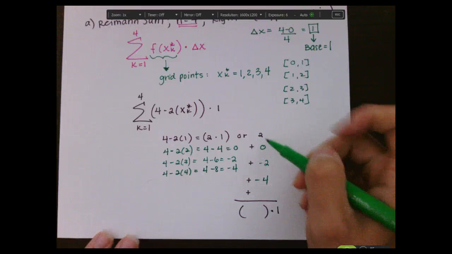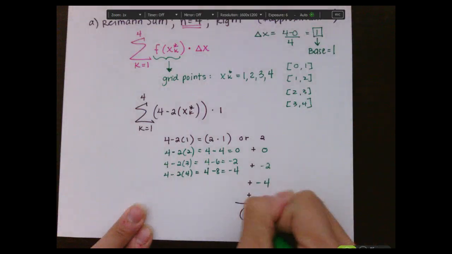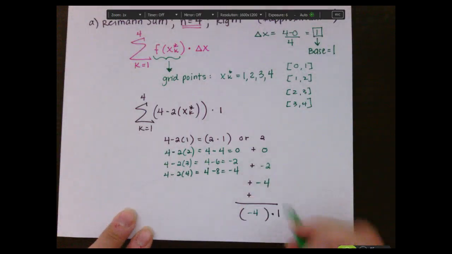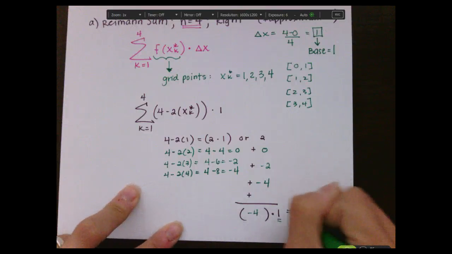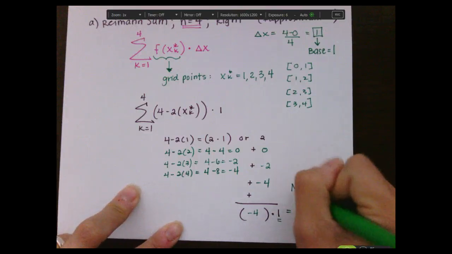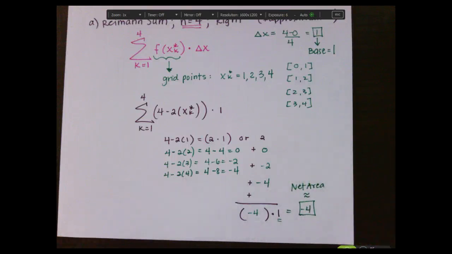So these are the heights of all 4 of my rectangles, and if I add them all together, I'm going to get negative 4, multiply it by a base of 1, and my net area is approximately negative 4.